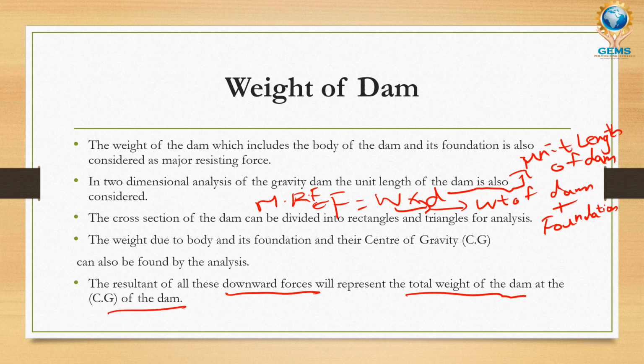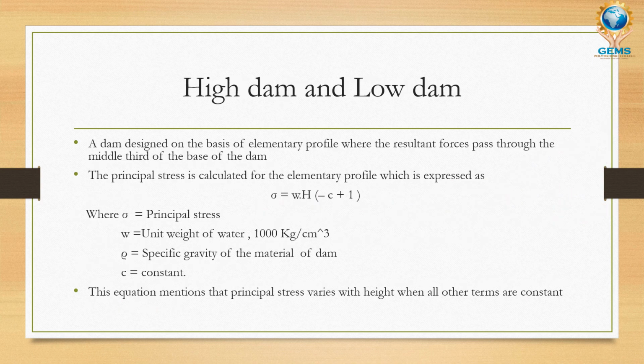In this slide, I'm going to explain the high dam and the low dam. First, a dam is designed on the basis of an elementary profile. Generally a dam is designed on two different types, practical profile and theoretical profile, and inside this classification there is an elementary profile.